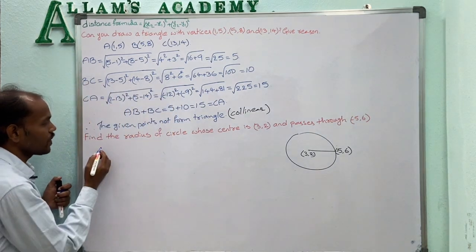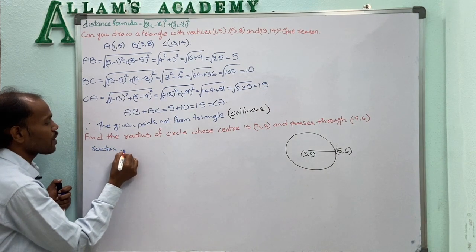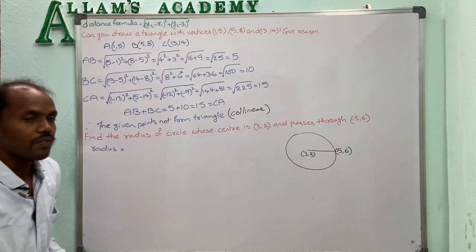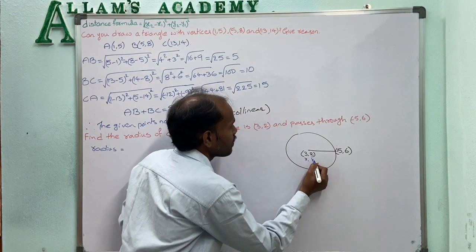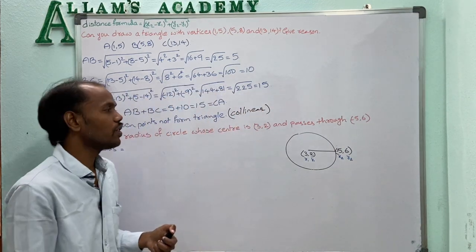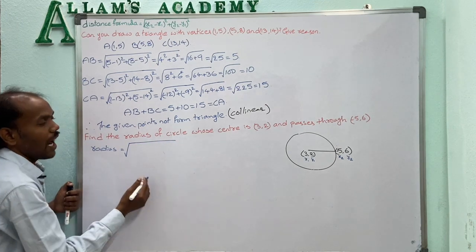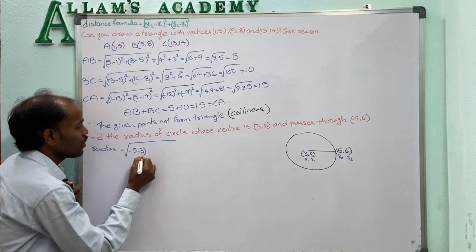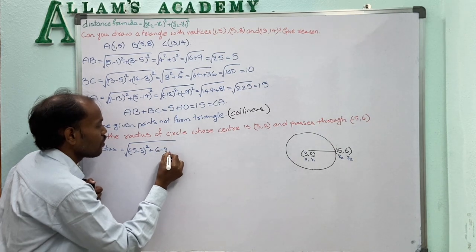That means here we apply the distance formula, that is under root x2 minus x1 whole square plus y2 minus y1 whole square. So here the point 3, 2 will be taken as x1, y1 and the point minus 5, 6 will be taken as x2, y2. That means the radius of the circle is equal to under root x2 minus x1, that means minus 5 minus 3 whole square plus y2 minus y1, 6 minus 2 whole square.